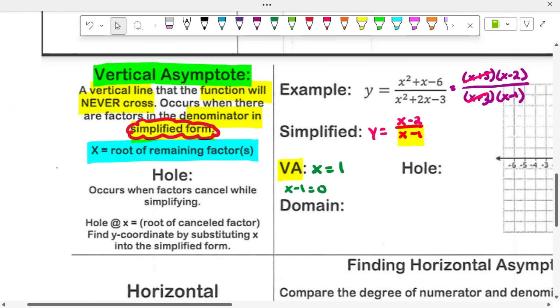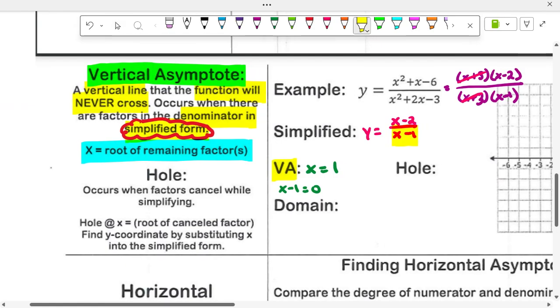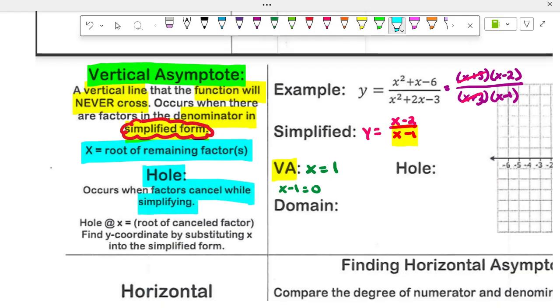Then we have a hole. Holes are kind of interesting. All right. Holes come from the factors we cancel while simplifying. And another thing to note is that a hole is a point. So a vertical asymptote is a line. A hole is a point.